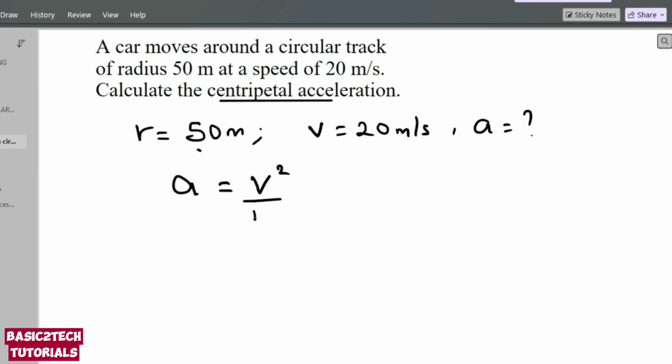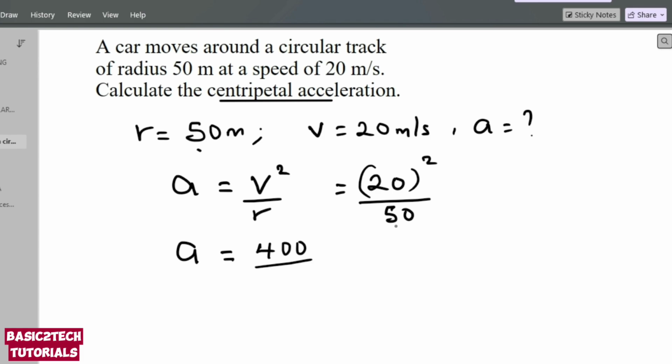So next we substitute. My speed is 20, so 20 squared over our radius, which is 50. So therefore our acceleration equal to 20 squared, which is 20 times 20, that gives us 400 over the radius, 50.